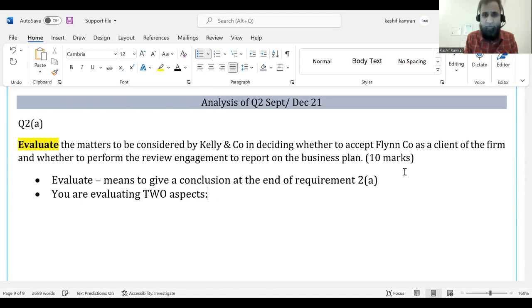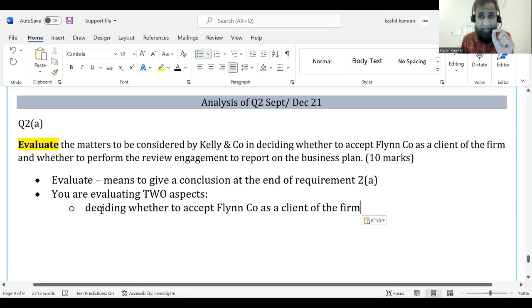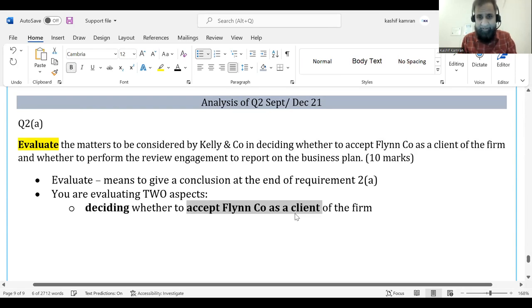What is the first aspect you're evaluating? Matters to consider by Kelly in deciding whether to accept Flynn as a client of the firm. Deciding whether to accept Flynn as a client of the firm. Control C, Control V. So what is the first decision we are taking? Deciding whether to accept Flynn as a client.